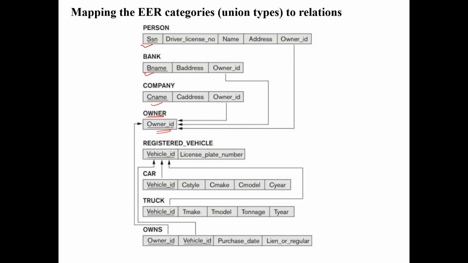So if the owner is a company, then the owner ID will be the company ID. Here owner ID is also added, which refers to the owner ID from the owner, because owner ID is the primary key in the owner entity. And these are all the foreign keys, which will refer to the primary key owner ID of the owner.